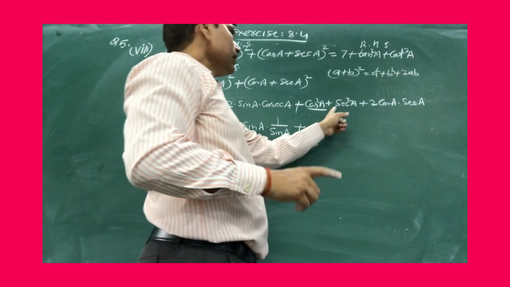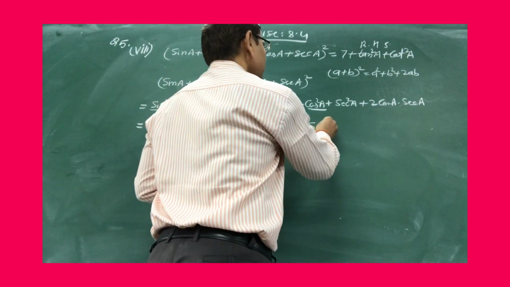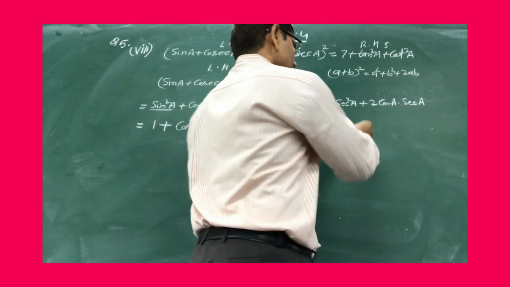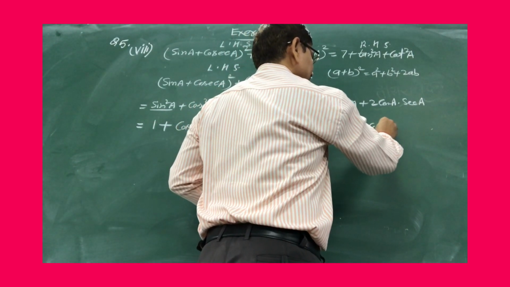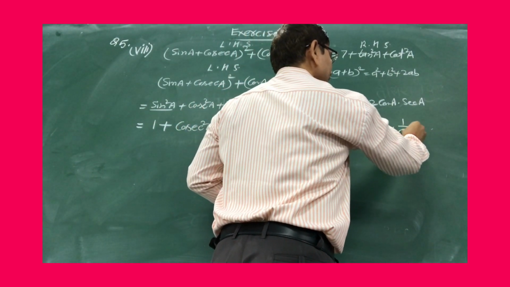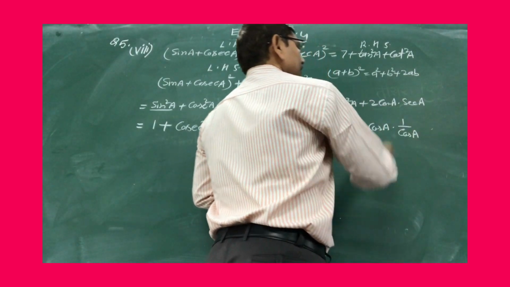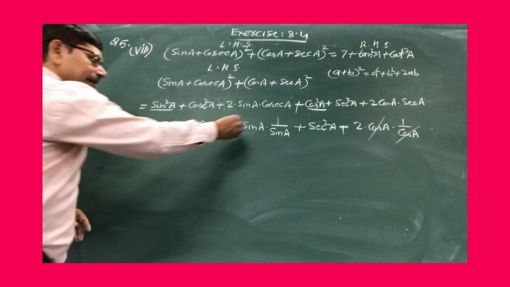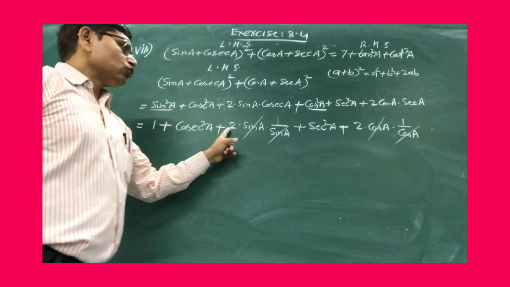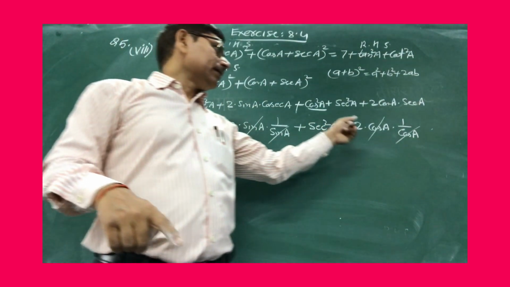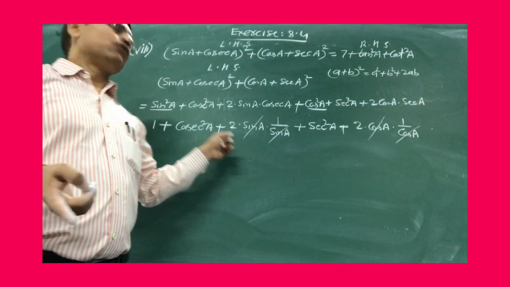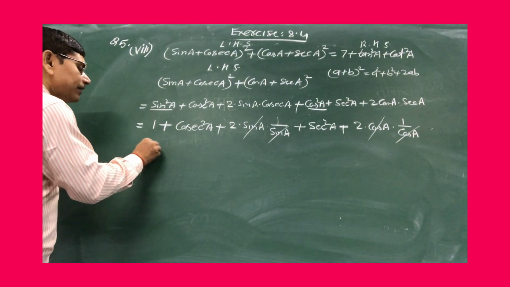So here is nothing. Now sec square A, and then once again you can see 2 cos A, same to same, and sec A equal to 1 upon cos A. Now cos A and cos A cancelled out, sin A and sin A cancelled out. 2 only remaining here. Here is also only 2 remaining. So 2 plus 2, 4 and 1, 5.